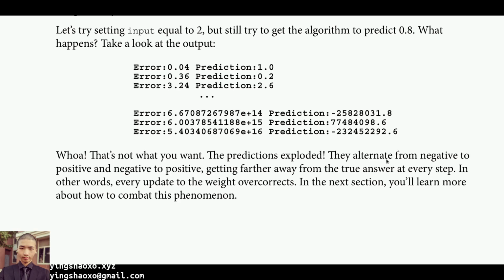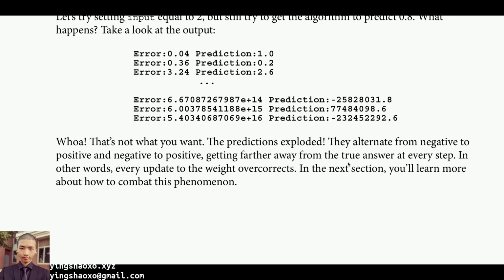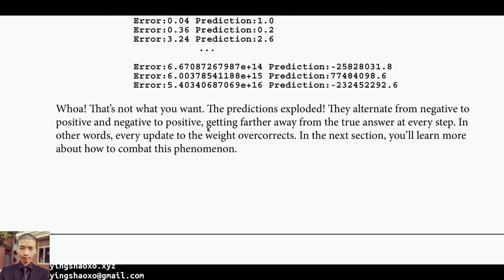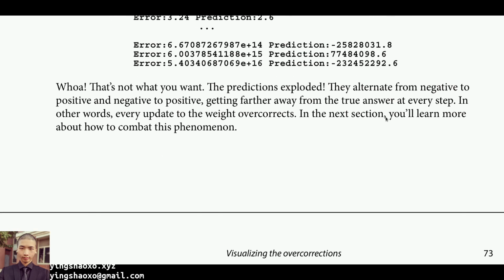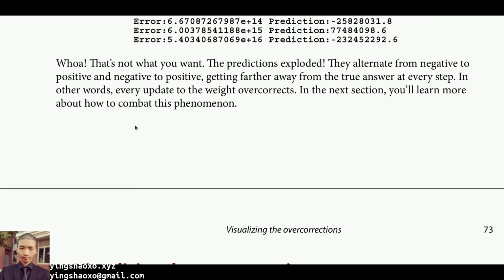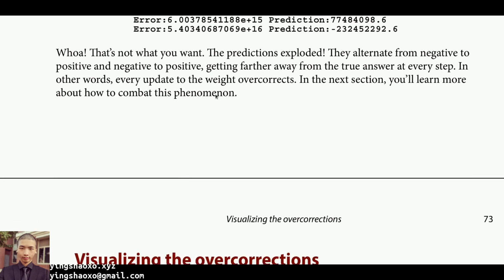It alternates from negative to positive, getting farther away from the true answer at every step. In other words, every update to the weight overcorrects. In the next section, you'll learn more about how to combat this phenomenon.